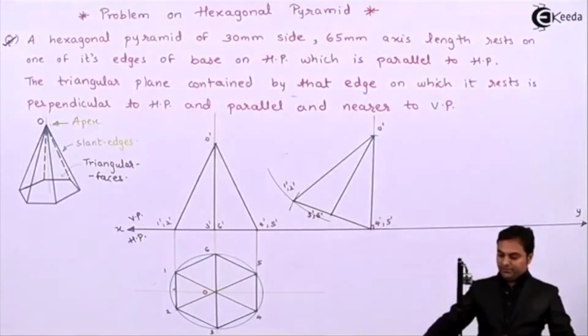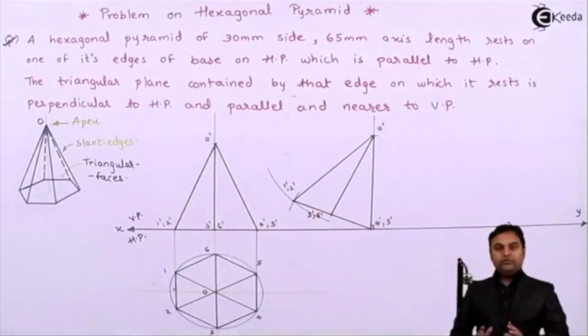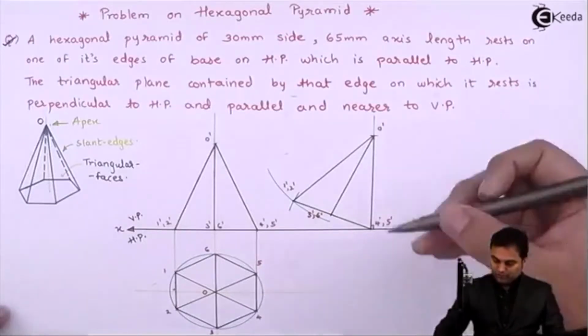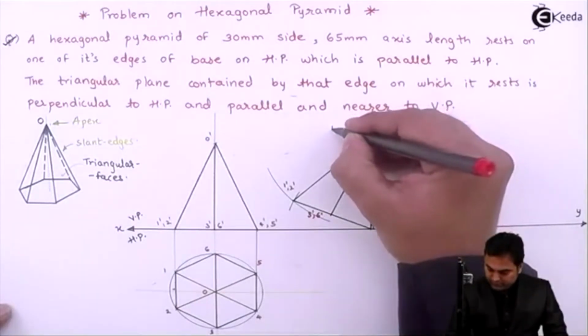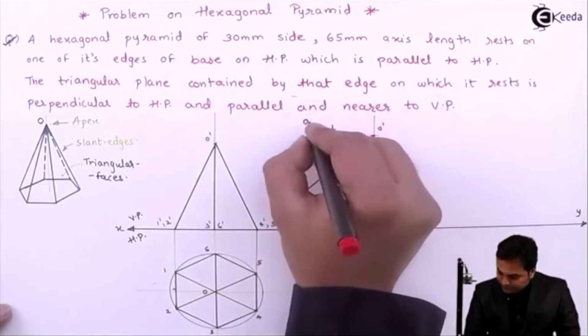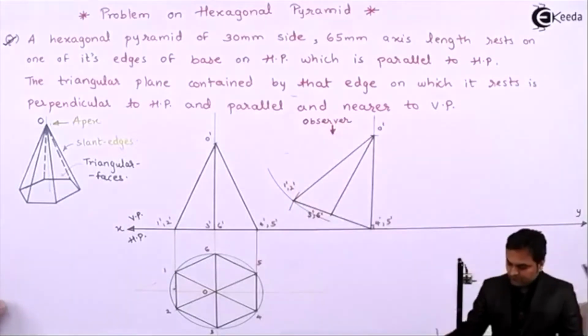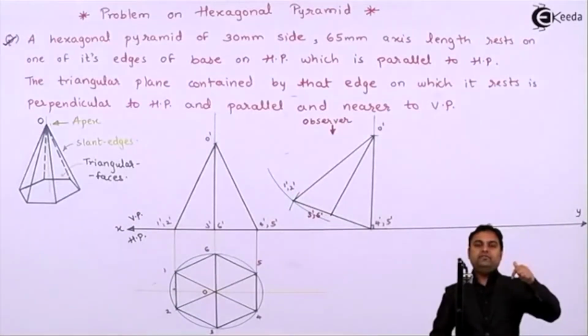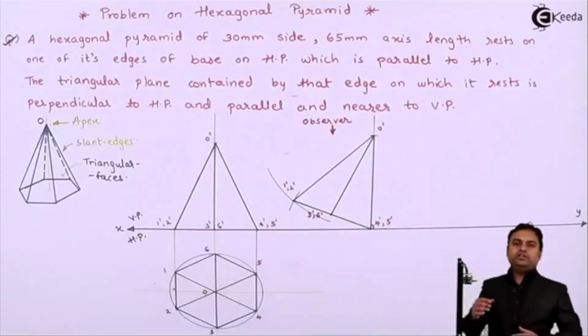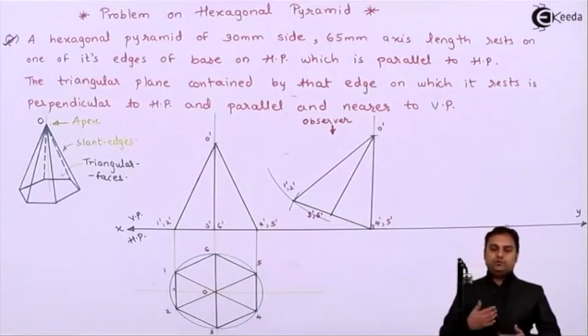So this is the pyramid, or we can say the front view of the pyramid when it is perpendicular to HP. Now I'll draw its top view, looking from this direction as an observer. When we are looking from top, we have to project first those points which are closer to us.